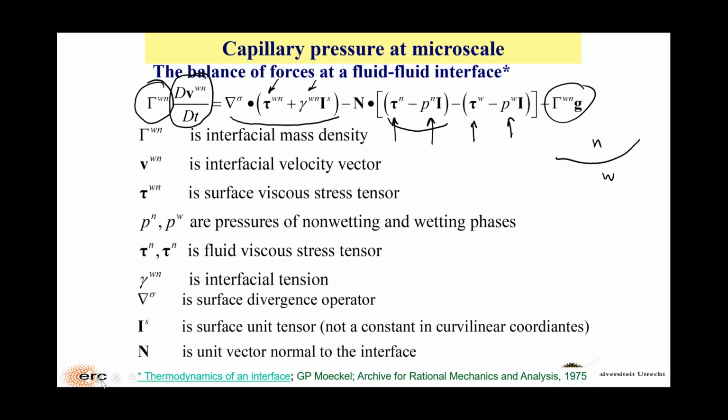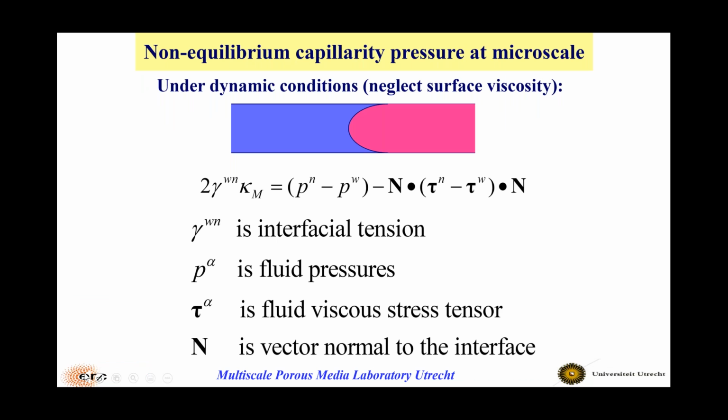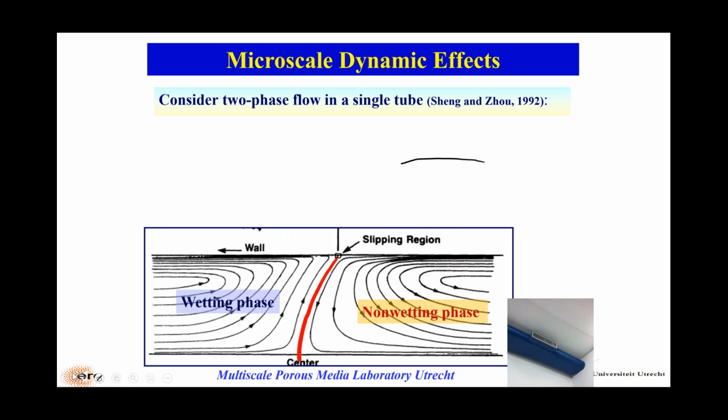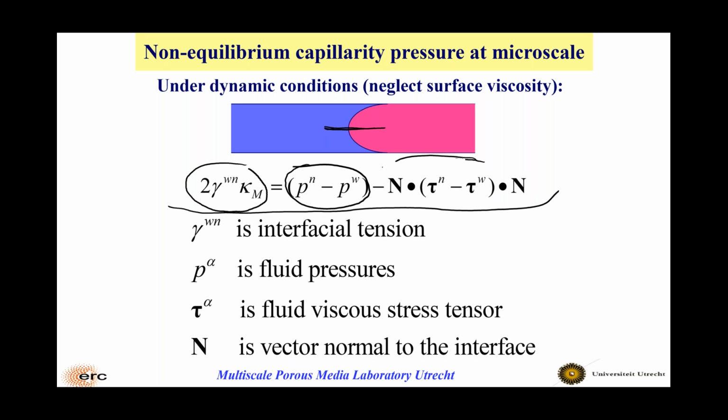And if we really simplify this and write it in the direction normal, perpendicular to the interface, we get this formula, which says the surface tension times the curvature of the interface is equal to the pressure difference between the two sides, but also the difference in the viscous stresses of the two phases.